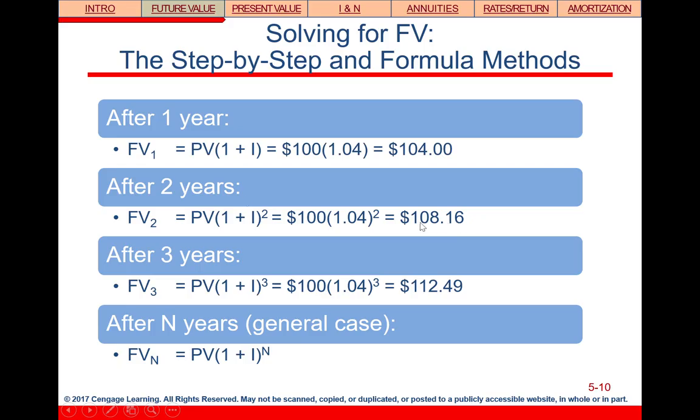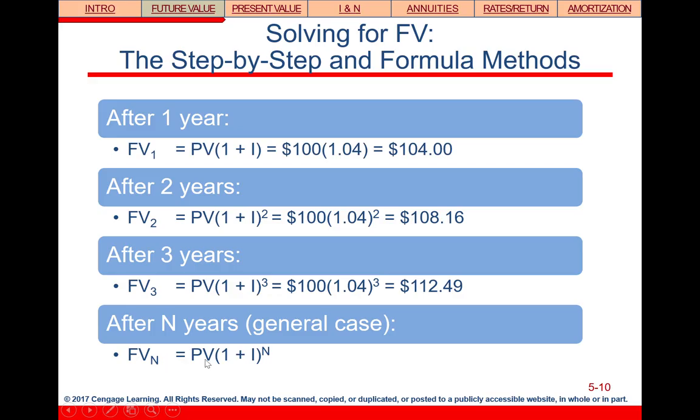So after 2 years, you should get $108.16. Yeah, and if it's after 3 years, then here should be to the power of 3, right? So no longer squared. And then in the end, you should receive $112.49.